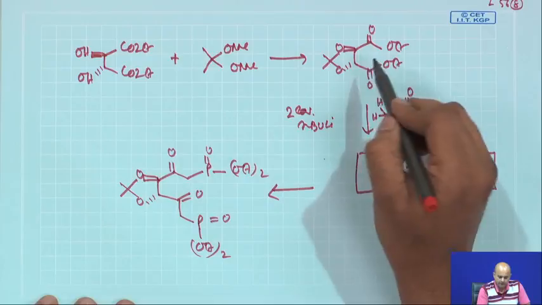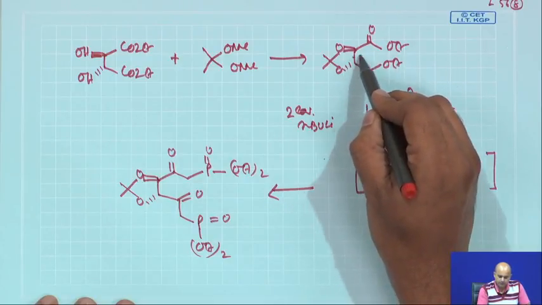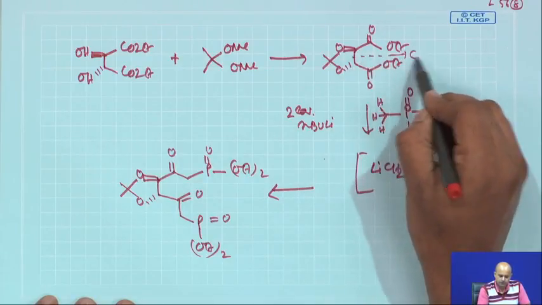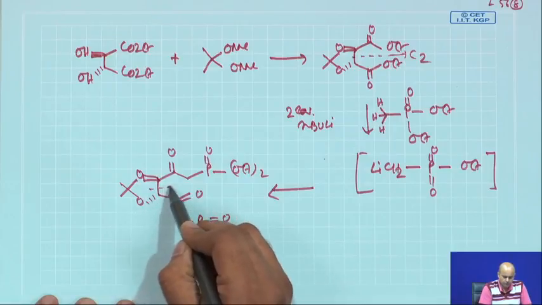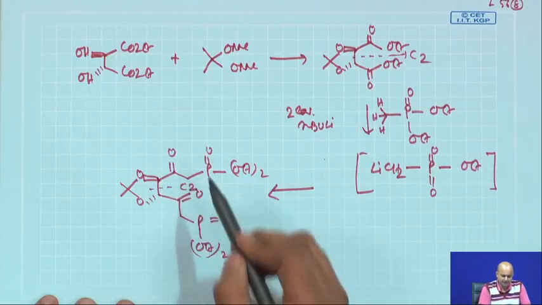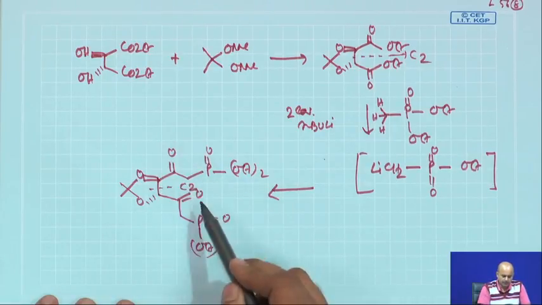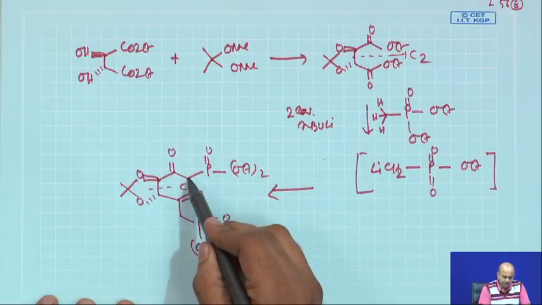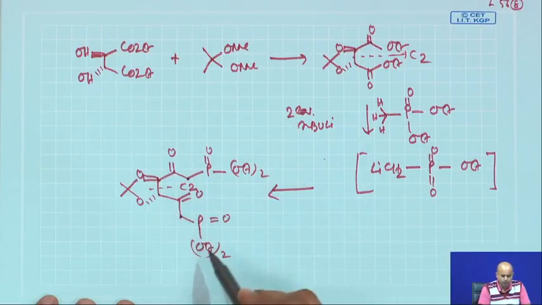Now, C2 symmetry remains unchanged, C2, this also C2. This C2 means that this half and this half are homotopic, or this CH2 and this CH2 are homotopic.